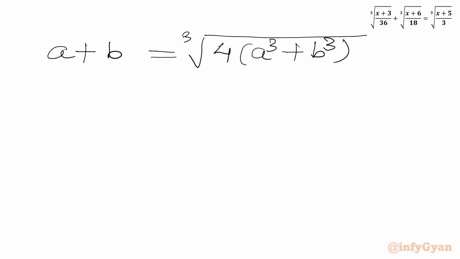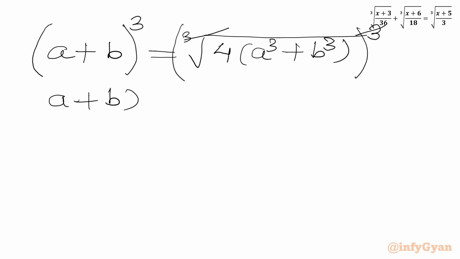Now we will consider cubing both sides. So power 3 on this side and power 3 on this side also. Now cube root and cube will cancel out from RHS. We will get our equation a plus b whole cube equal to 4 times a cube plus b cube.